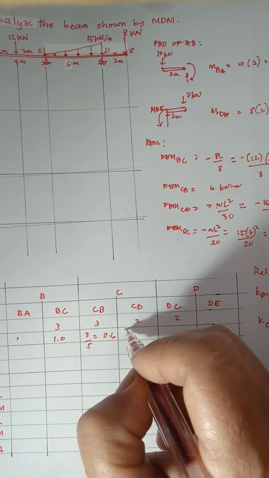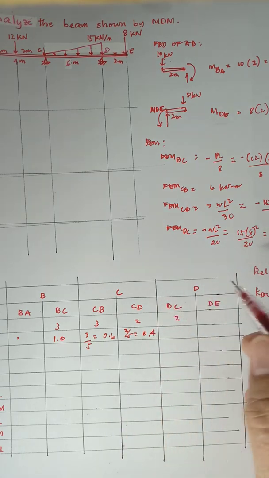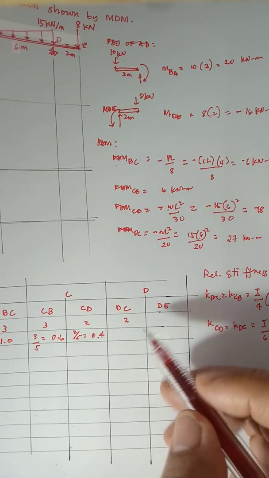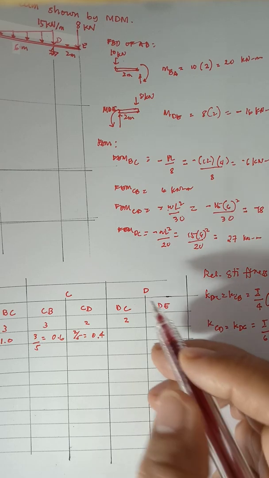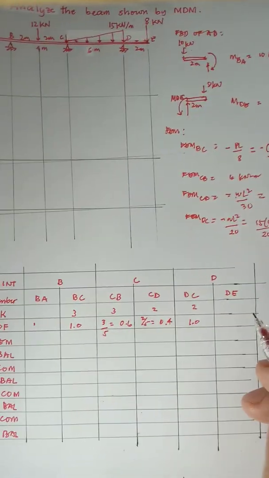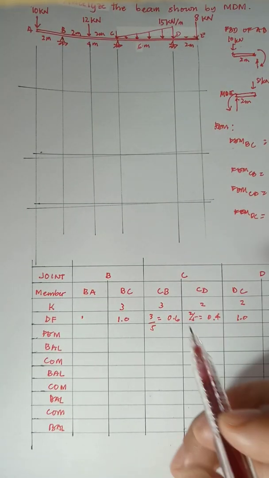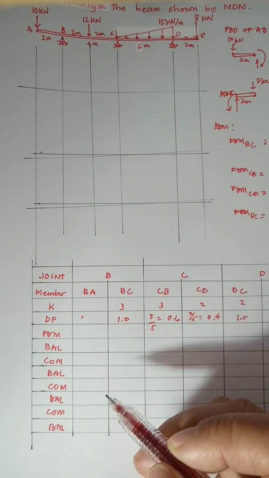And for CD, it is 2 over 5 or equal to 0.4. Here also at D, it is an overhanging end, so 2 over 2, which is equal to 1. But if it is a fixed support, there is no distribution factor, so it is equal to 0.